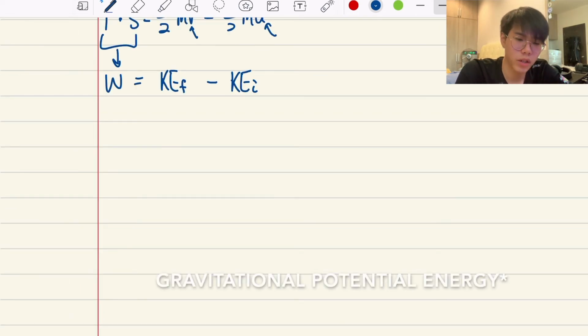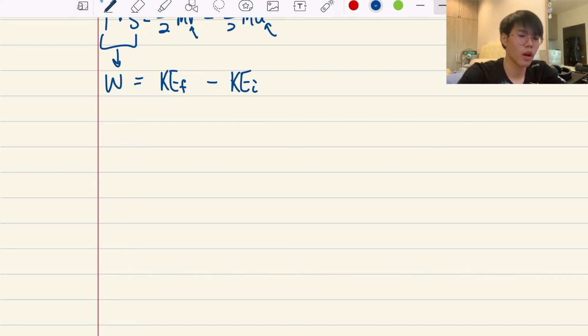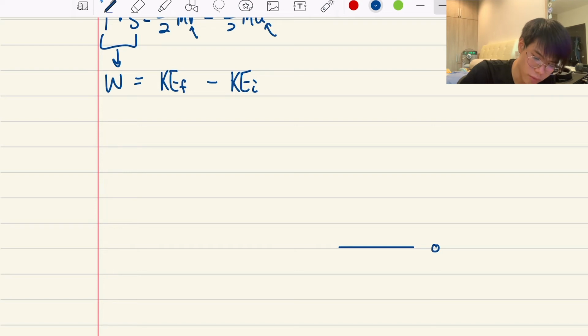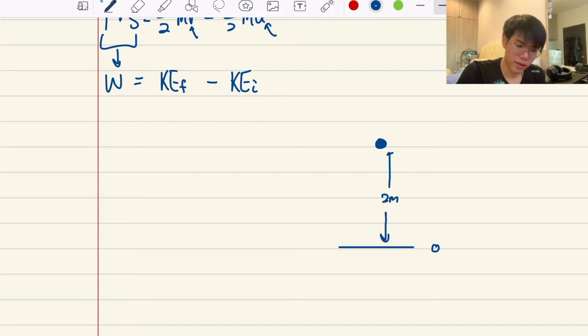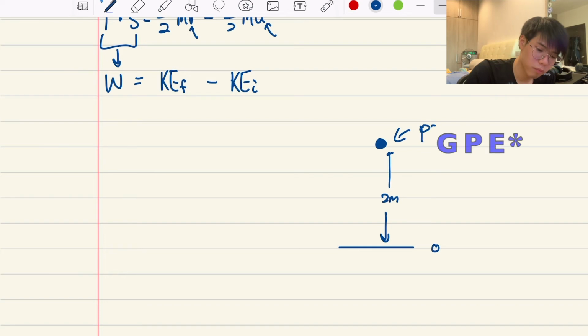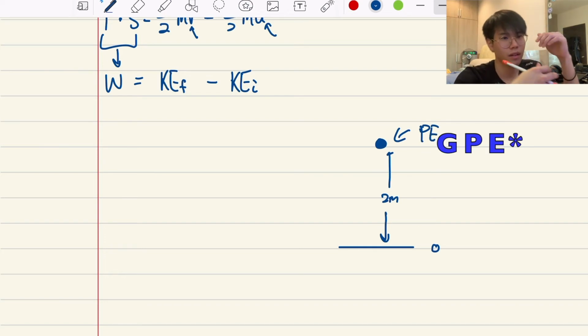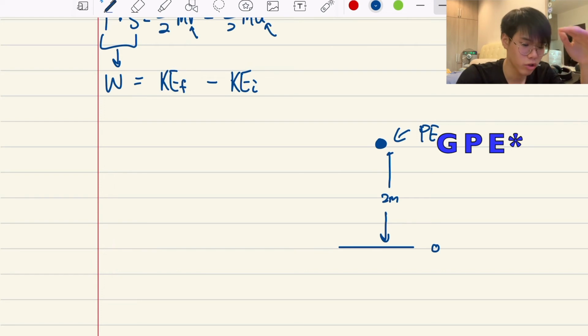For potential energy, a simpler way to explain it is when an object has a height from the origin. For example, if we take the floor as the origin and we have a ball which is 2 meters high, we say the ball will have potential energy because it has a height from the origin.